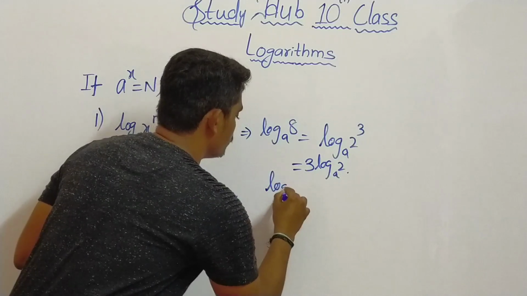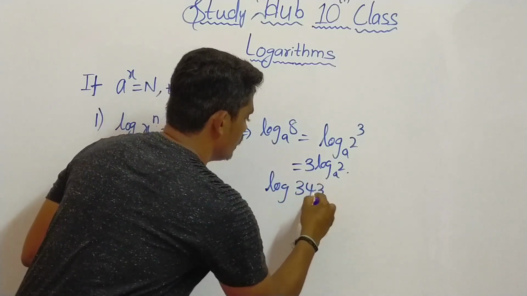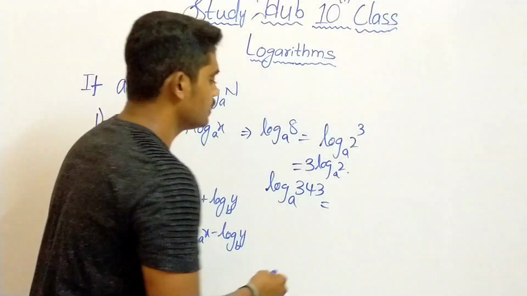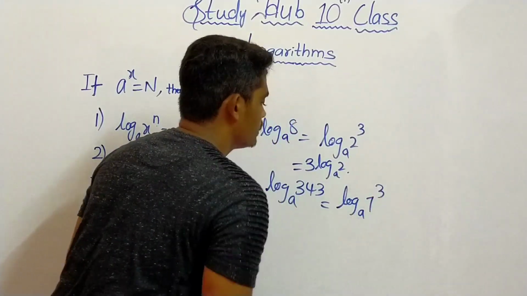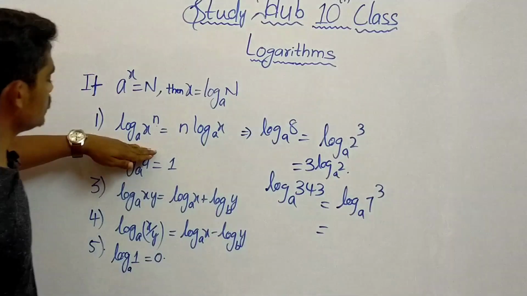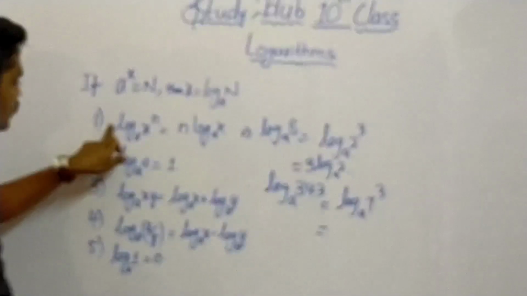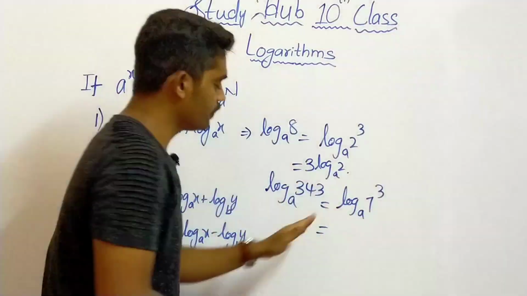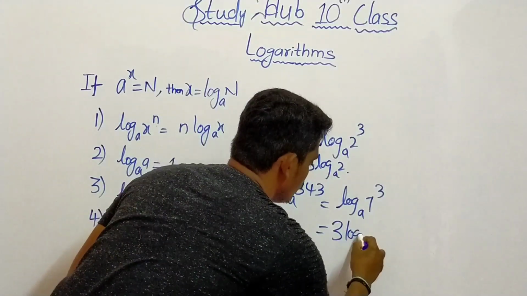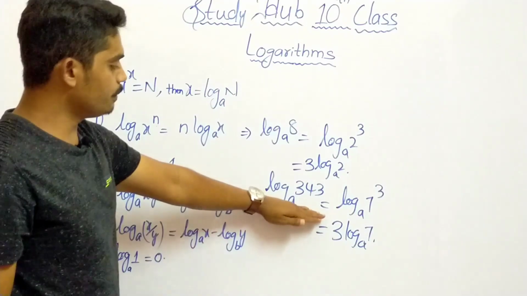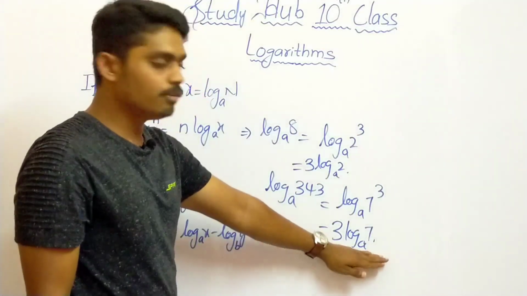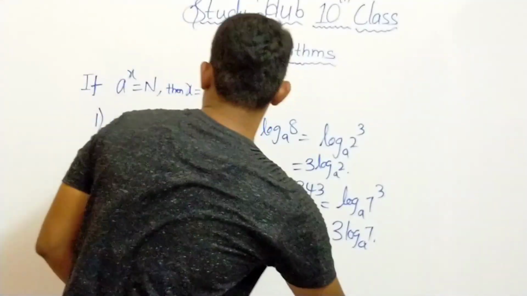Let us take one more example, log 343 base a. 343 is 7 cube. Using the same rule, this 3 we can write in the front, 3 log 7 base a. So this is simplified, and now it is easy to find the value.